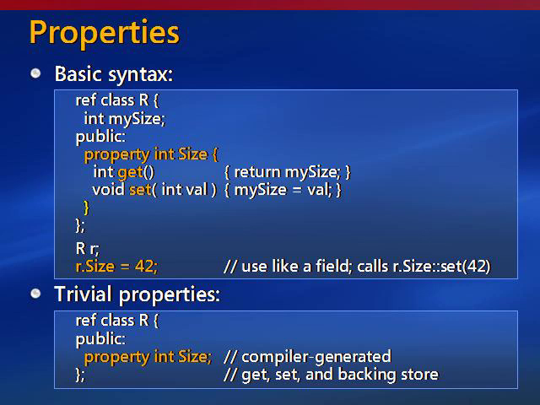We're also giving you the ability to write an anonymous property, or a trivial property, sorry, where I just want to say this field should be a property because eventually I might do something custom with it. It gives you the ability to version between different binaries. And all that you have to do is write property in front of a field declaration. It's that simple.